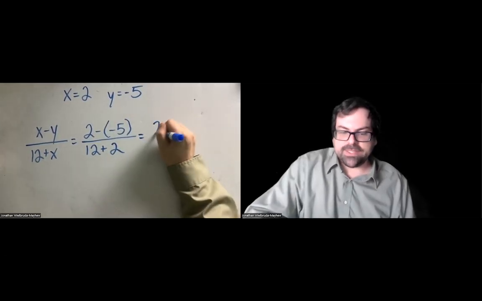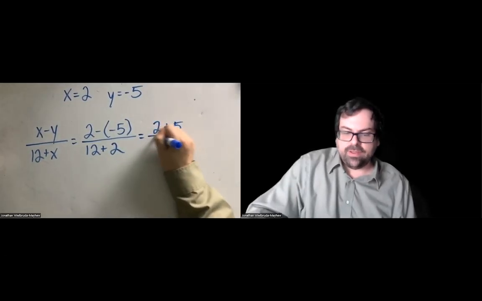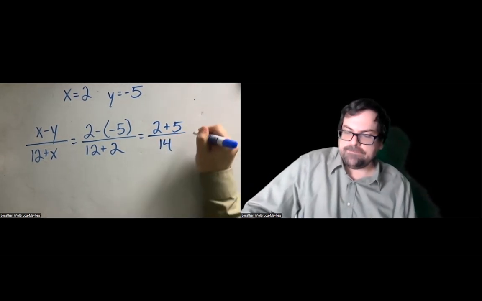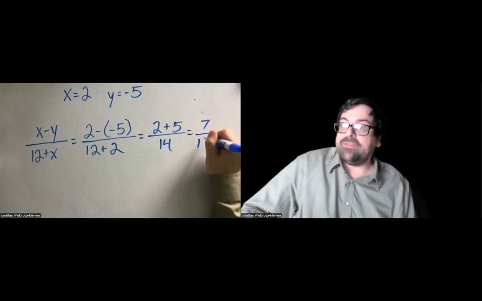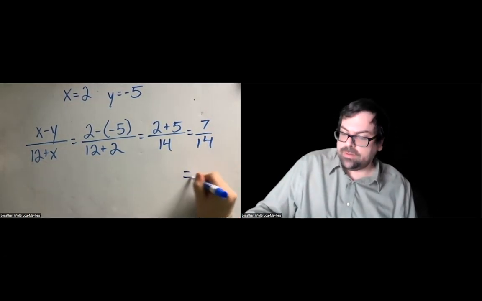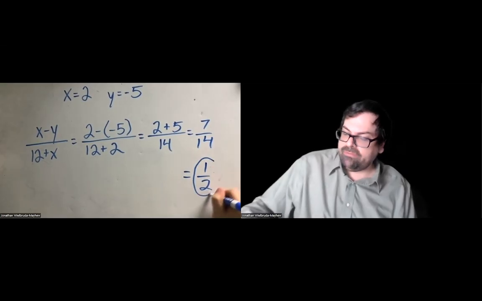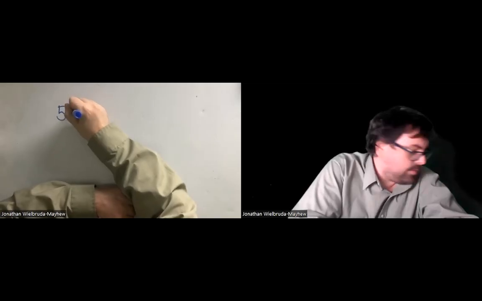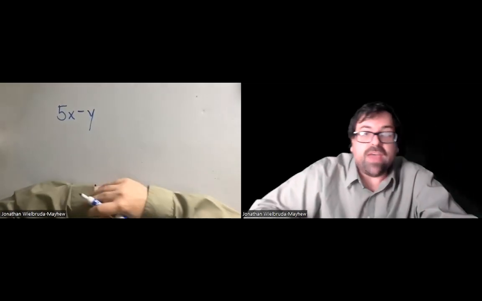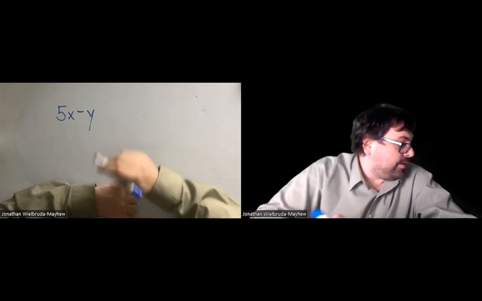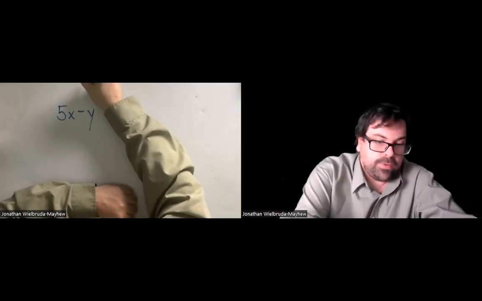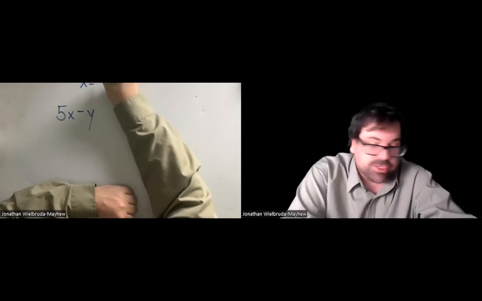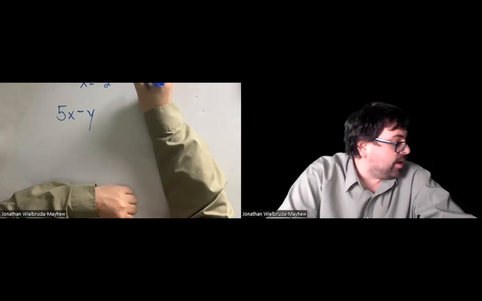Minus negative is plus. 2 plus 5. Over on the bottom, 12 plus 2 is 14. 7 over 14 reduces to 1/2. Except for the fact that we're going to have negative numbers with multiplication and division instead of just addition and subtraction or positive numbers, nothing is new here.